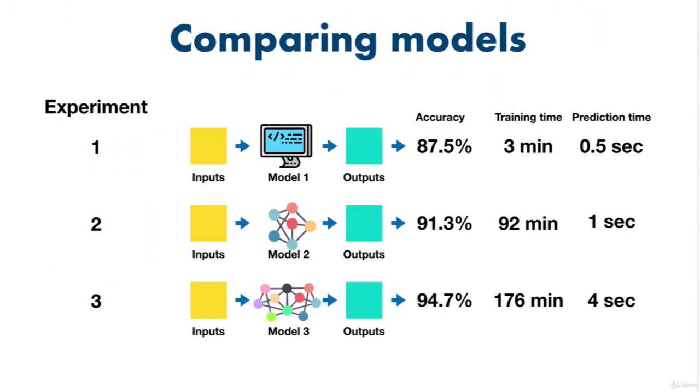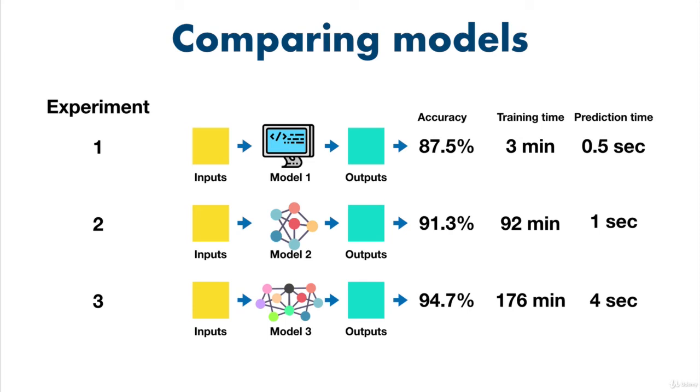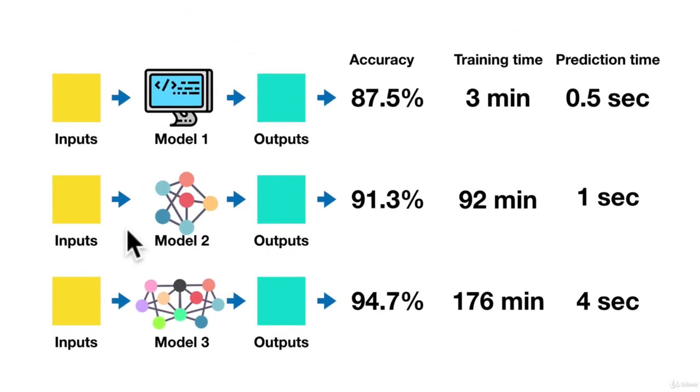Finally, when comparing 2 different models to each other, it's important to ensure you're comparing apples with apples and oranges with oranges. For example, Model 2 trained on dataset 1 versus Model 3 trained on dataset 1.